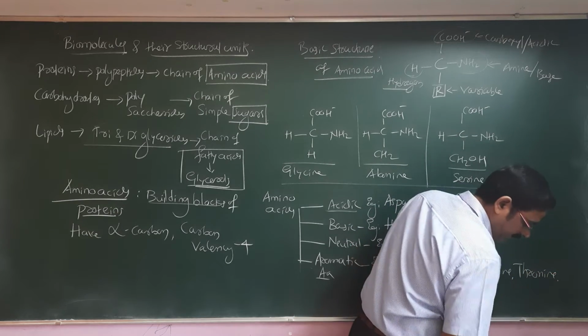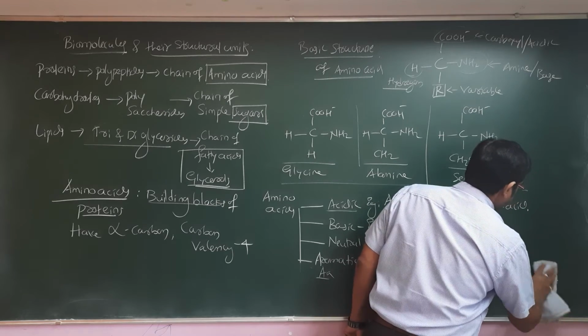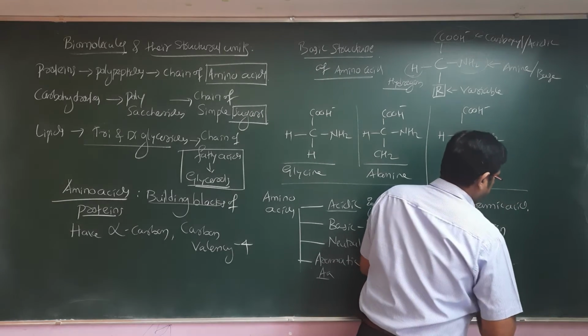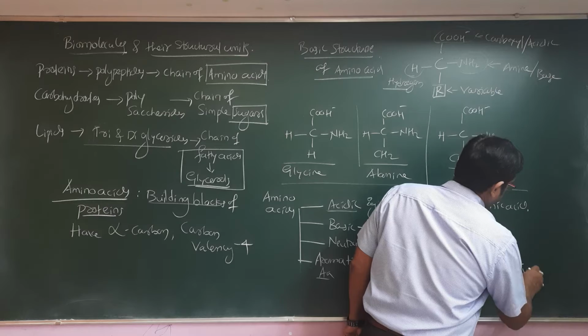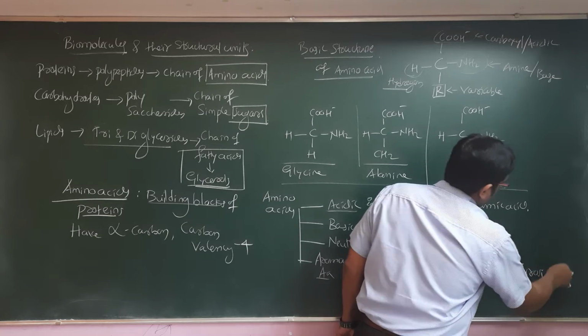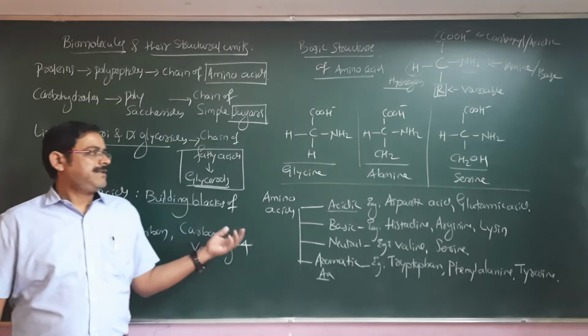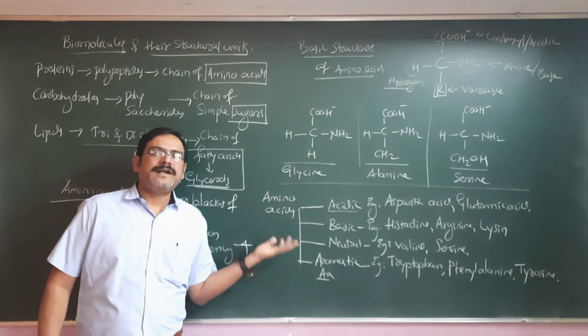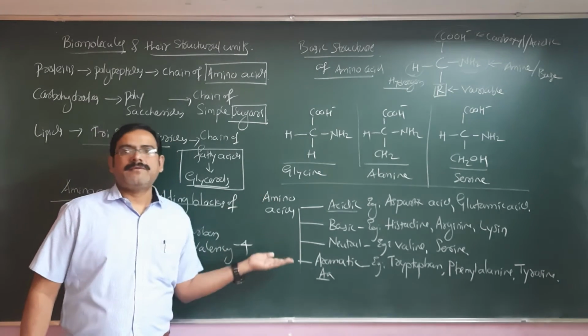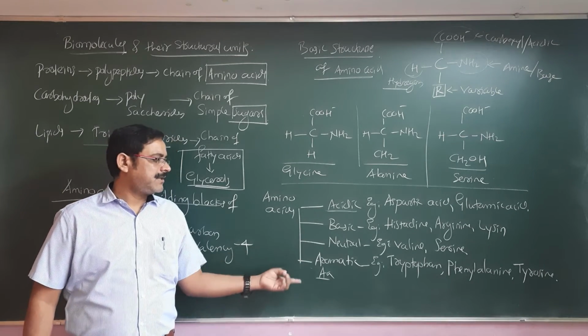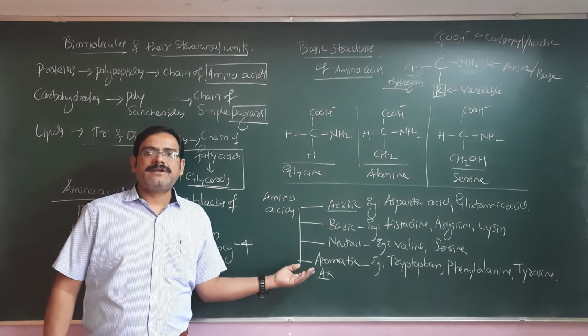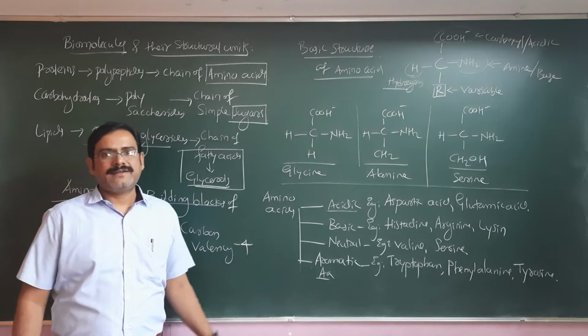No, not threonine, it is tyrosine. These are the types of amino acids. By nature they may be acidic, they may be basic, they may be neutral, or they may induce a kind of smell, also aromatic.